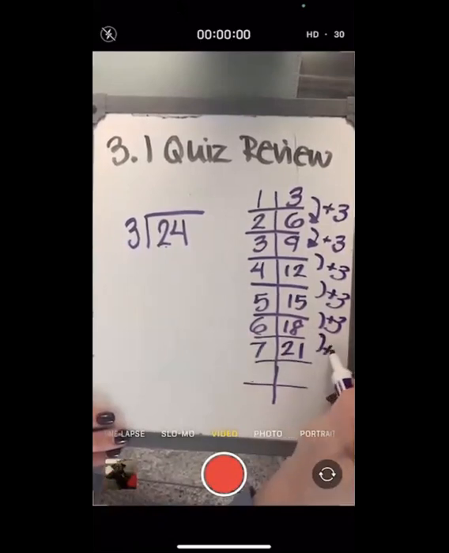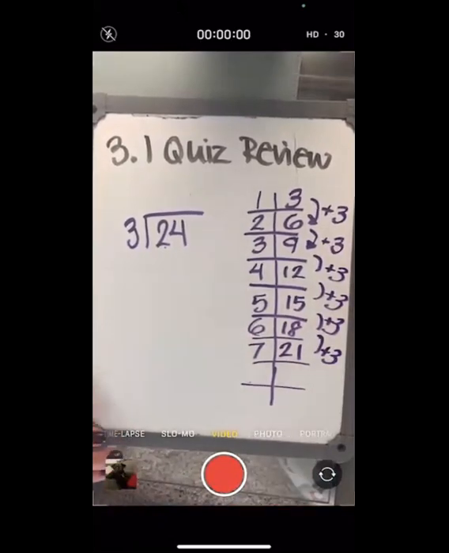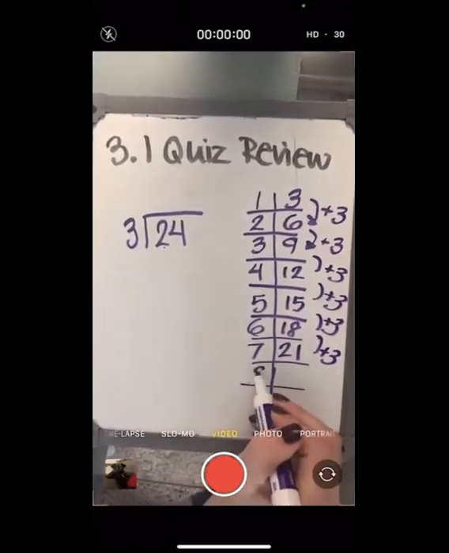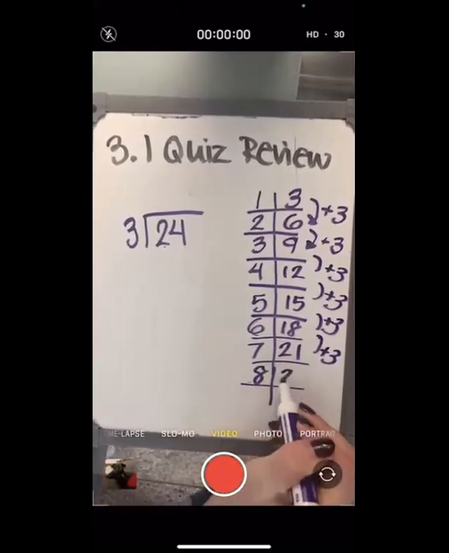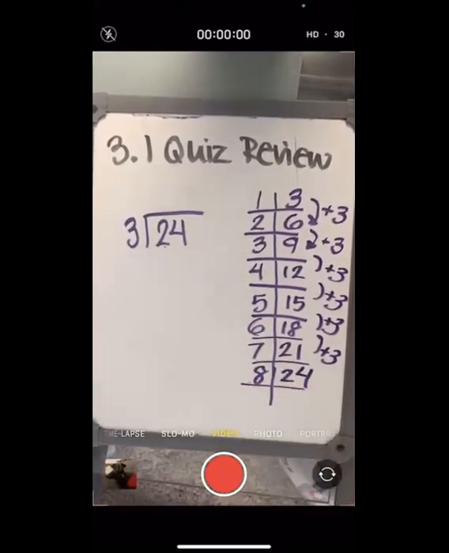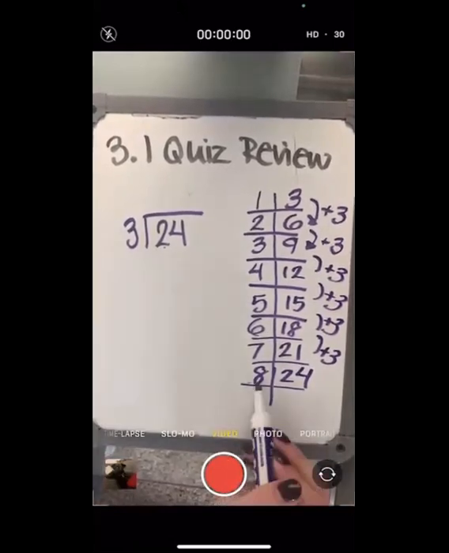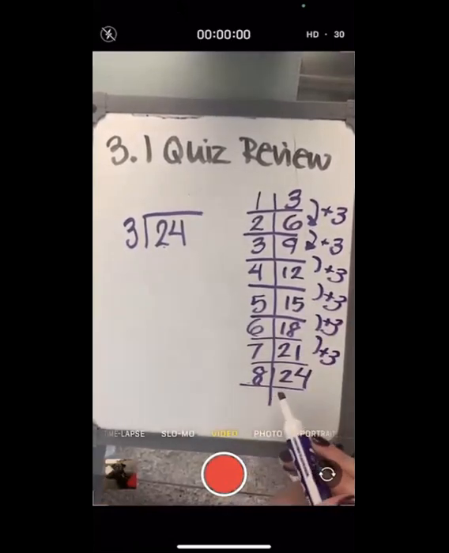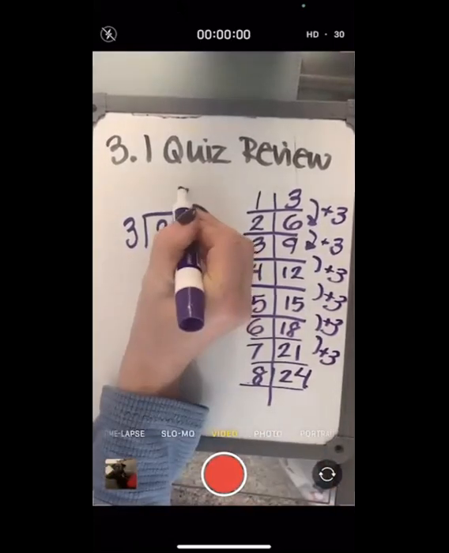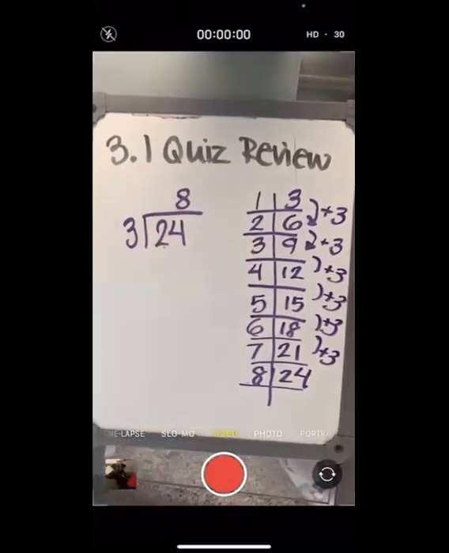Again, if you need to use addition, the ratio table is very, very helpful for that. Oh, well, 8 times 3, if I add 3 more, I now have 24. And then the cool thing about the ratio table is when you look at this, you can say to yourself, okay, I know 8 groups of 3 because I was adding it in my table, landed me on 24. So I know that 8 times 3 is 24.